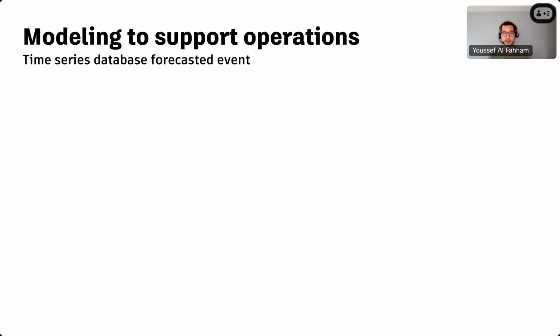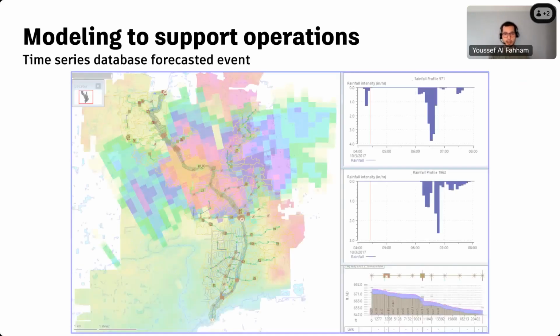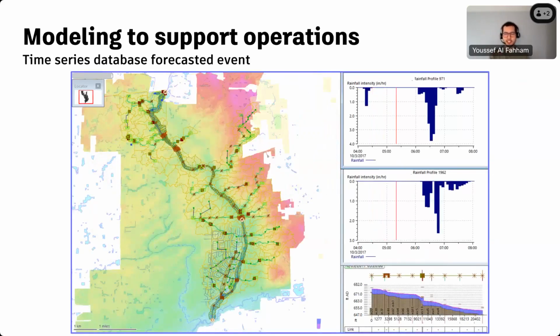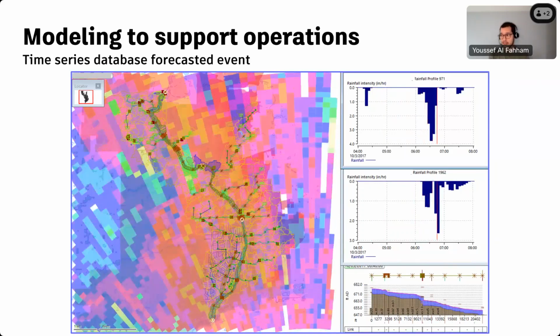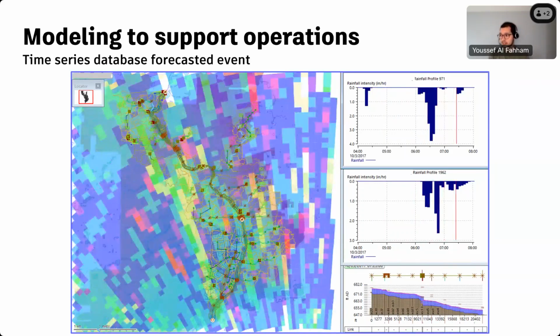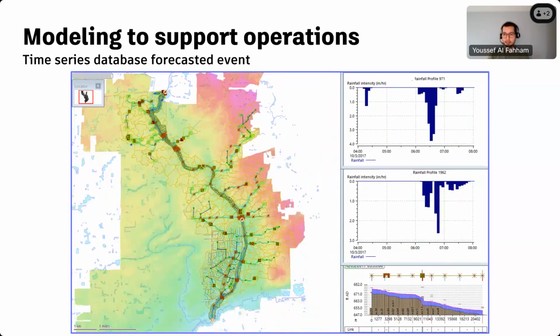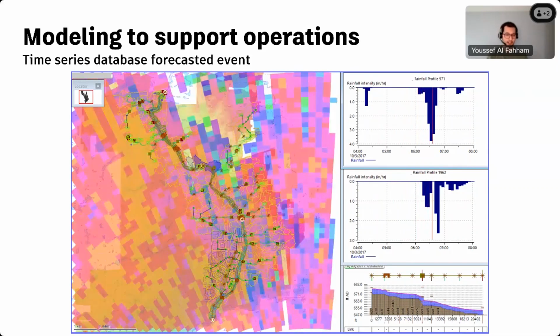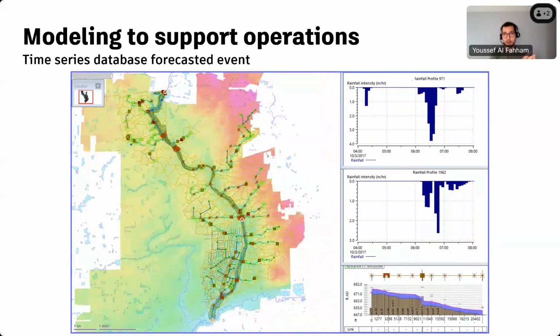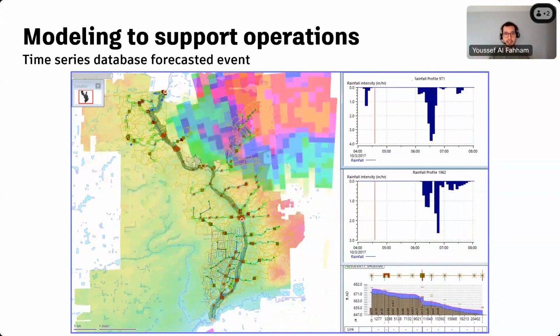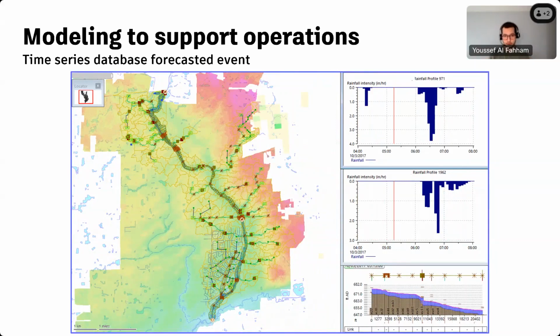The final example that we cover is modeling to support operations. And Ryan touched on that a little bit during his segment when he was talking about time series database. But in essence, what we're talking about here is using forecasted rainfall data and bringing that into ICM through the time series database to be able to predict or forecast how your system might respond due to that upcoming rainfall or storm.